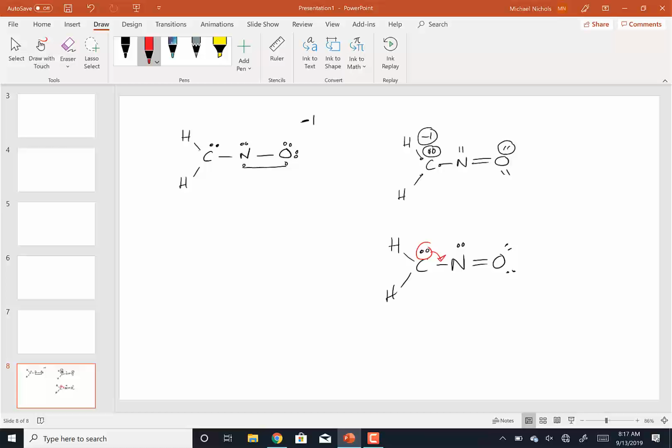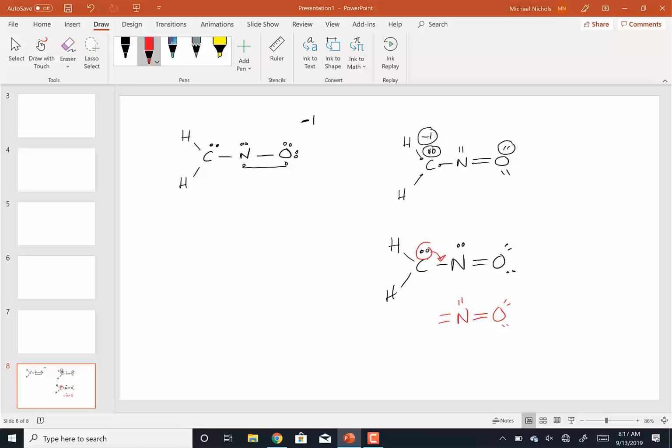What's my problem? If I take this lone pair to form a double bond to the nitrogen, and I stop there, what happens? I get a double bond to a nitrogen with the lone pair and then a double bond to the oxygen with its lone pair.